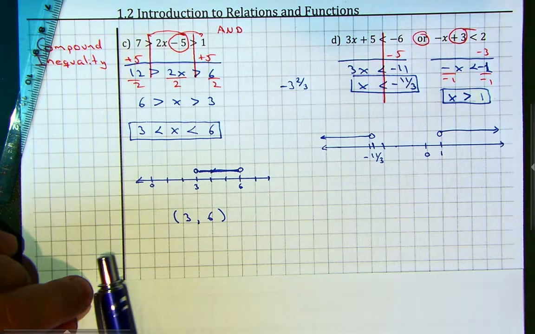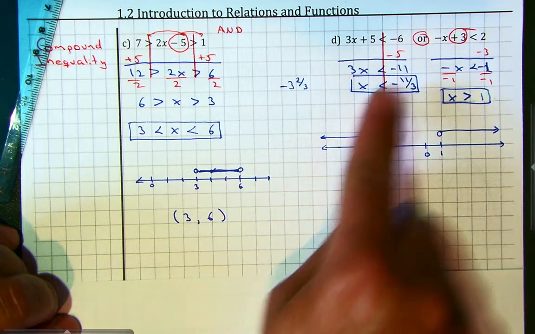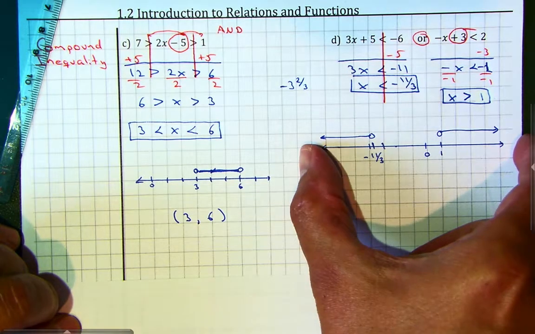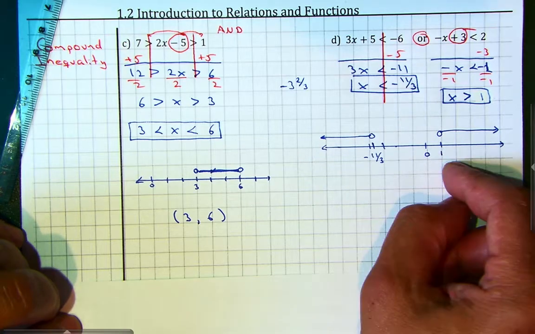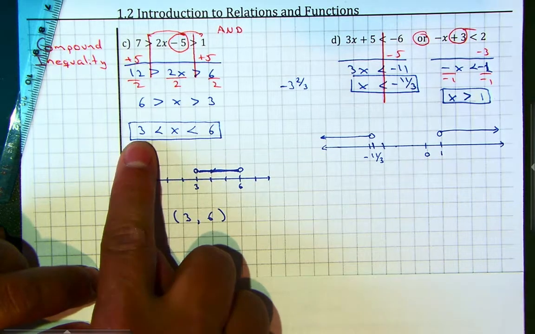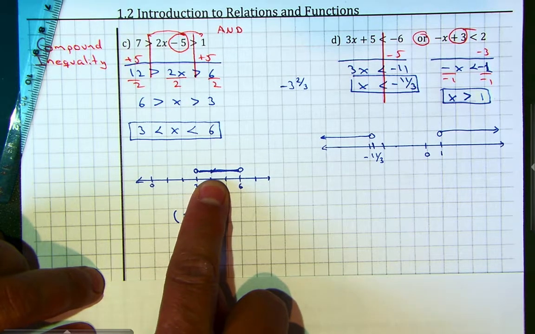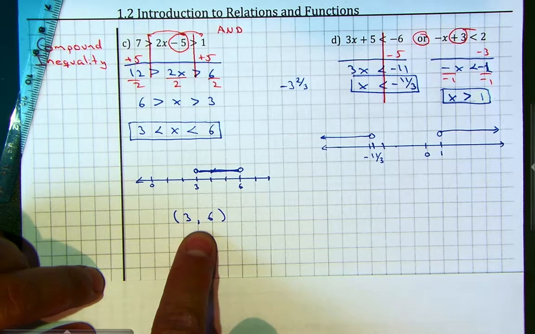So one of the things that you notice is that whenever it's an AND, they should be connected. Whenever it's an OR, they should always be going away from each other. So it's something that you need to be able to remember for the test. AND, connected, smaller value on the left, bigger number on the right. Your graph should be connected, and this should be your interval notation.